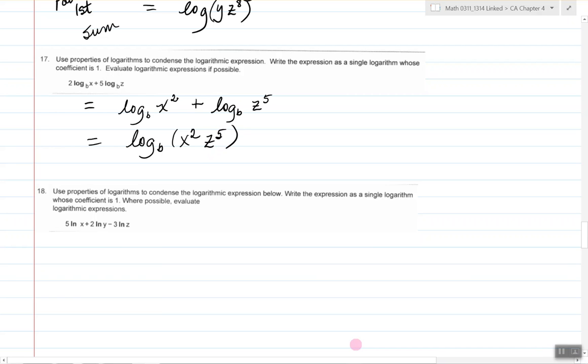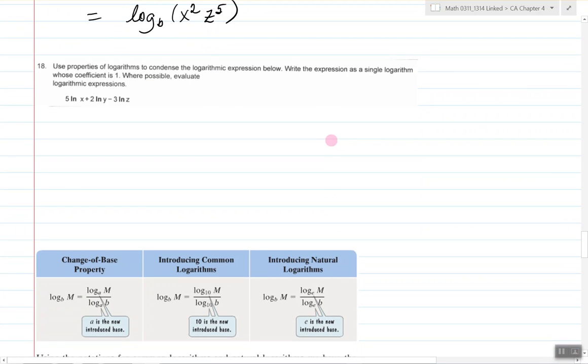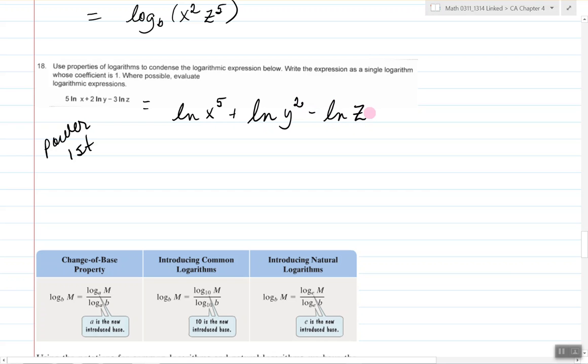All right, next one. Remember, always, powers first when you're condensing. Those coefficients become powers. This will be the natural log of x to the 5th plus the natural log of y to the 2nd minus the natural log of z to the 3rd. Now, sums, product, minus quotient.